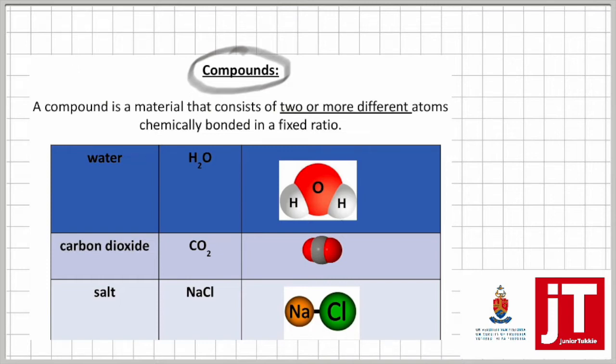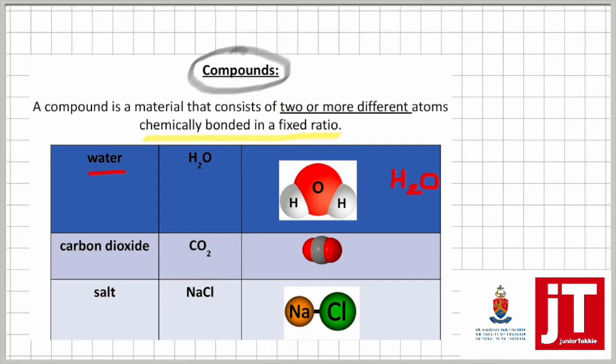One of the key issues in a compound is that the ratio in which the different atoms are chemically bonded is always fixed. They bond together in a fixed ratio. So, for instance, in the water molecule, we always have 2 hydrogens bonded on to 1 oxygen, as is shown in the example over here.